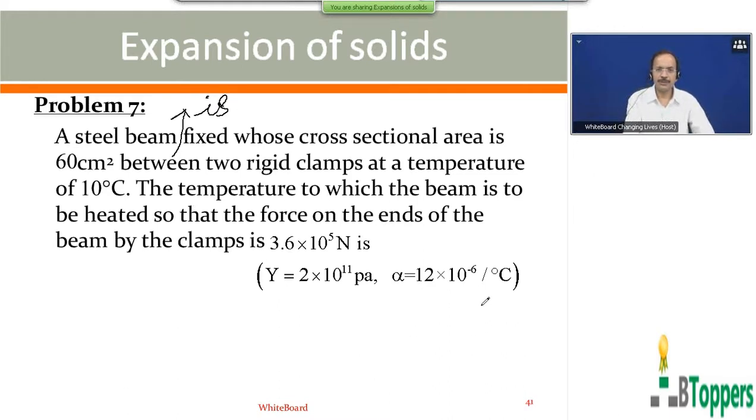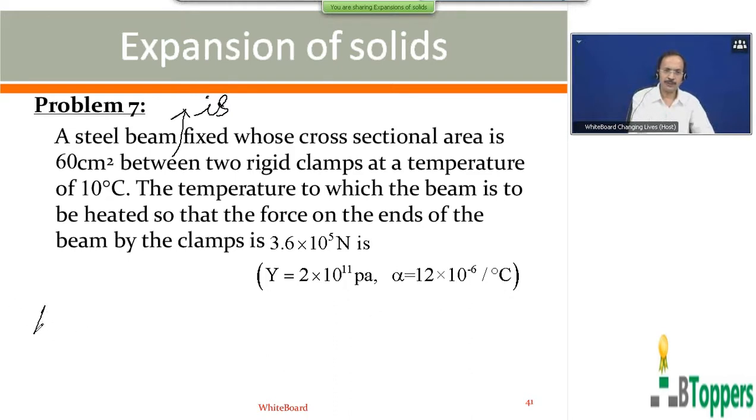Find the temperature to which the beam is to be heated so that the force exerted on the ends of the beam by the clamps is 3.6 into 10 power 5 newtons. Young's modulus of the material is given to be 2 into 10 power 11 Pascal, and the coefficient of linear expansion of the material of the rod is alpha equal to 12 into 10 power minus 6 per degree centigrade. That is alpha for steel.